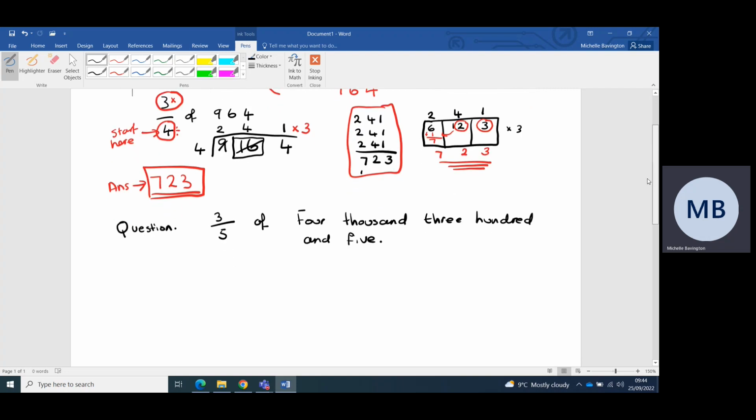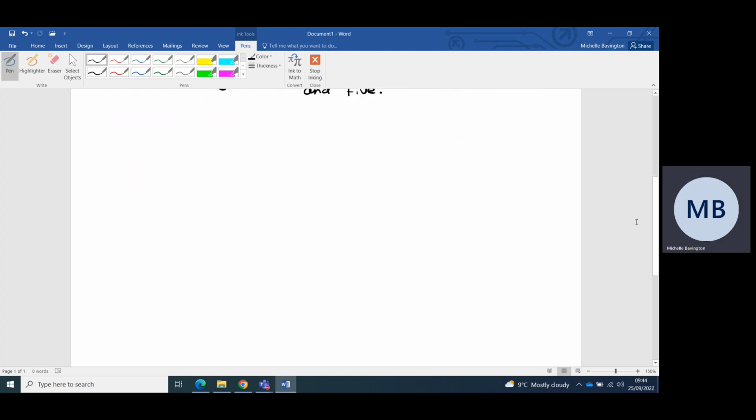Right, next subject. Let's do 8 squared. Find the value of 8 squared.